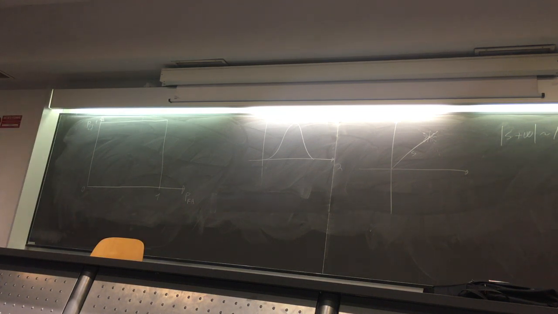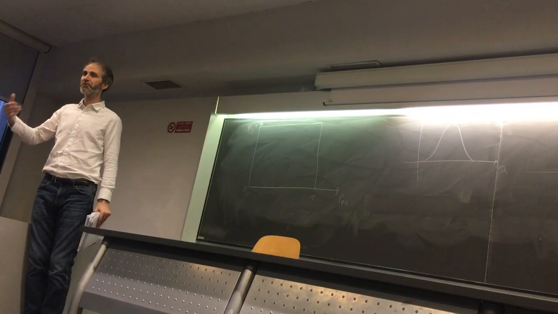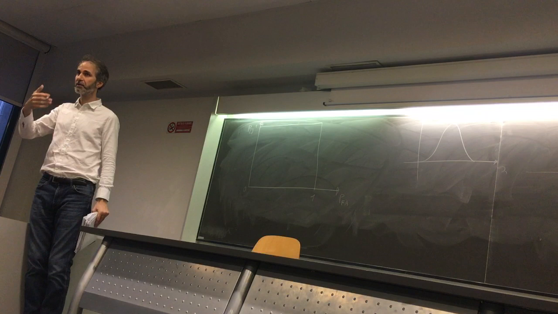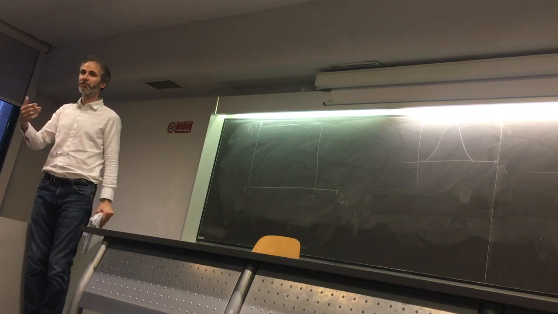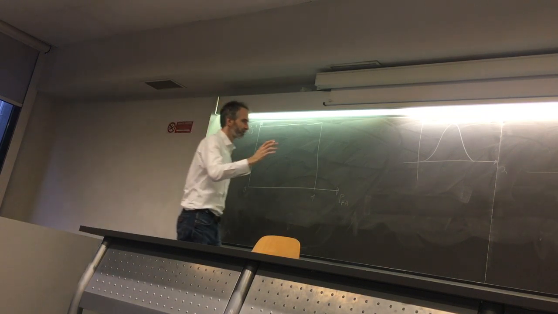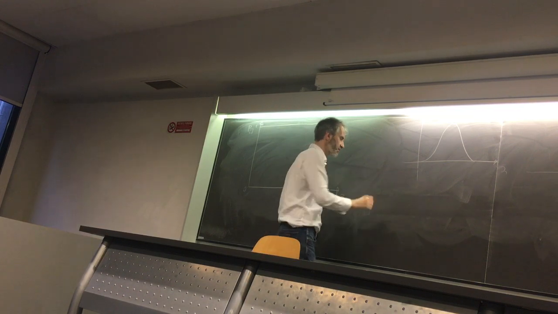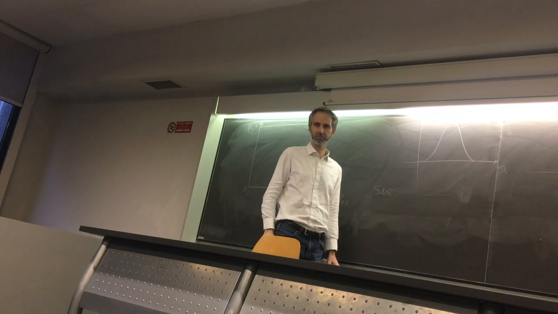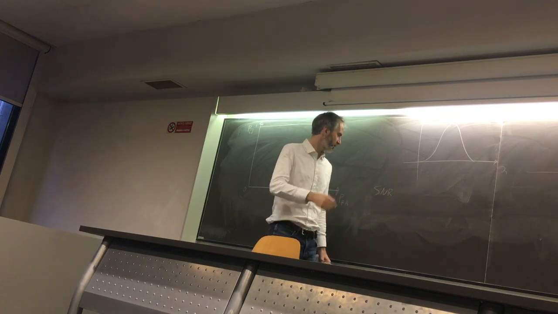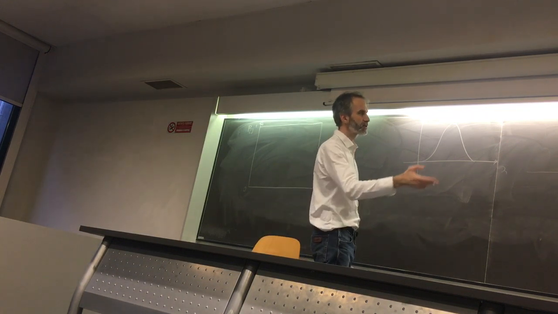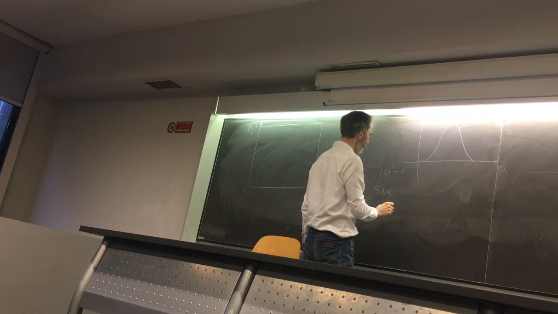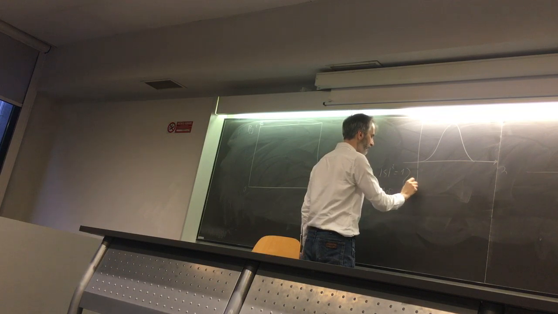So for any fixed value of the signal to noise ratio, you can draw the probability of... what I want to do is fix the signal to noise ratio. This means that I can, for example, assume that the peak is 1, and so if I know the signal to noise ratio, then I know the noise power.